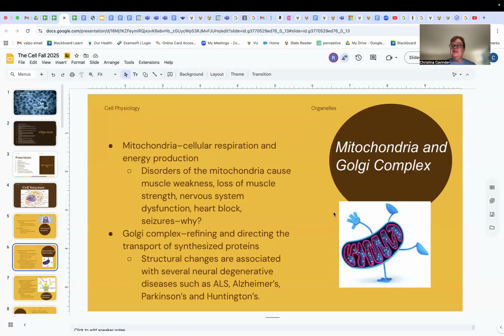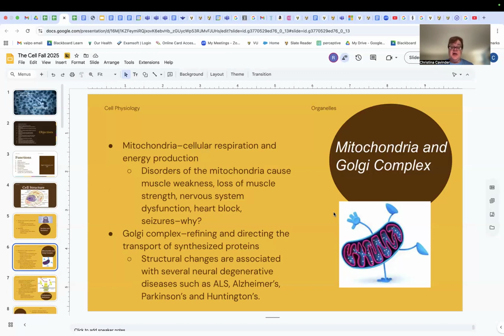Mitochondrial DNA is different than your other DNA. So that's always interesting. Mitochondrial DNA, you can actually follow like a pathway in your family. So a lot of times they'll use that to maybe look at previous ancestors. And I'm talking like way back ancestors. So mitochondria, very, very important.